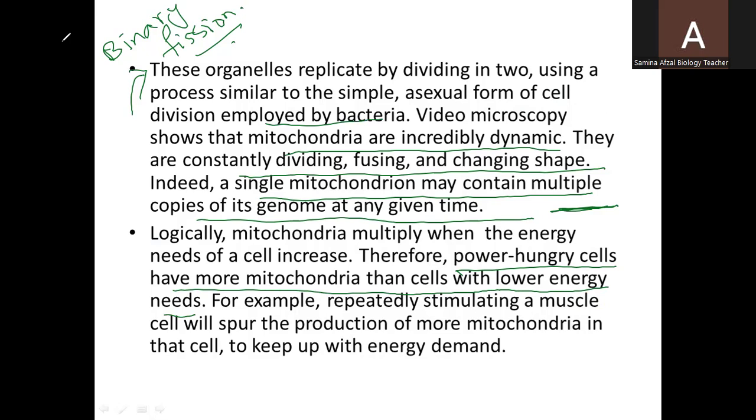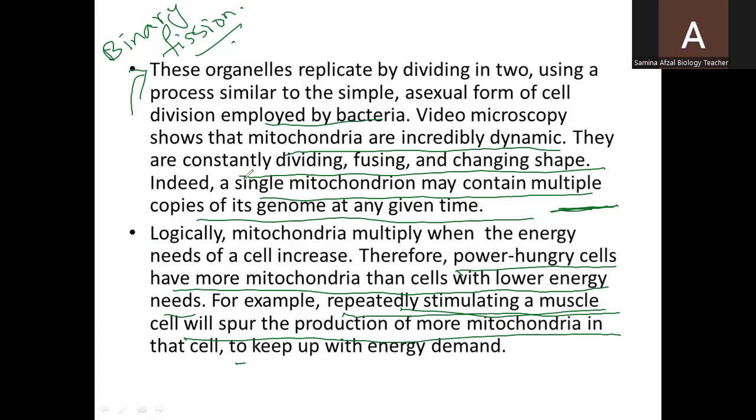If the cells need more mitochondria, the mitochondria will divide immediately and their number will increase. Repeatedly stimulating a muscle cell spurs the production of more mitochondria. When the muscle is moving fast, mitochondria are increased.